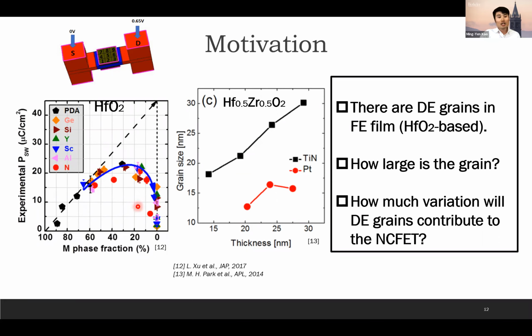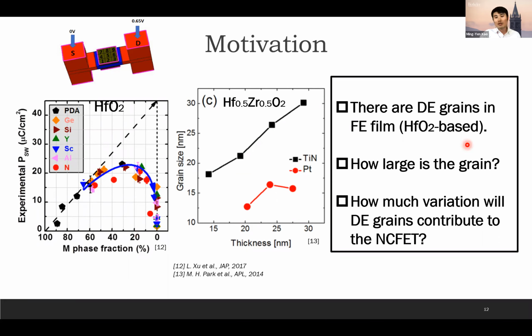And there will be a corresponding monoclinic phase fraction like 20%. And monoclinic phase is not ferroelectric, which means it is a dielectric phase. So if we want to achieve 20 microcoulomb per centimeter squared here, we have to have at least 20% impurity in our ferroelectric film. And that's how the impurity comes in.